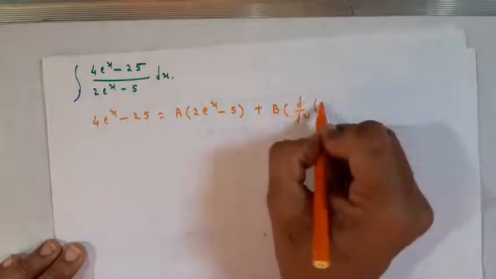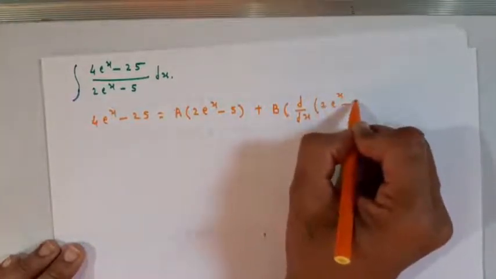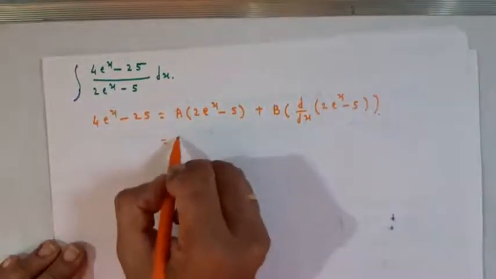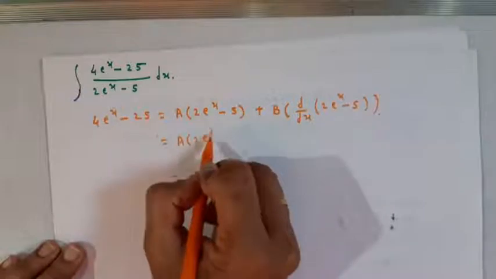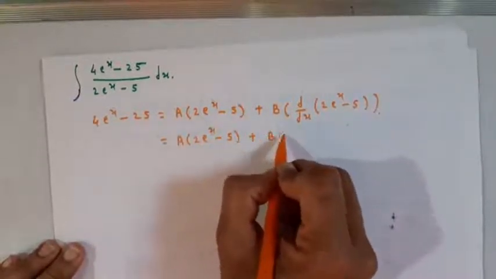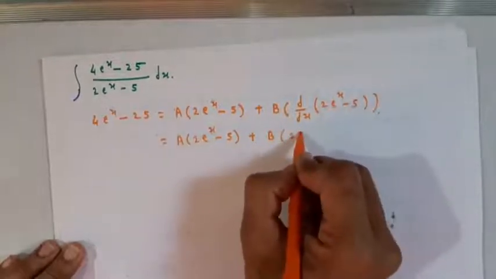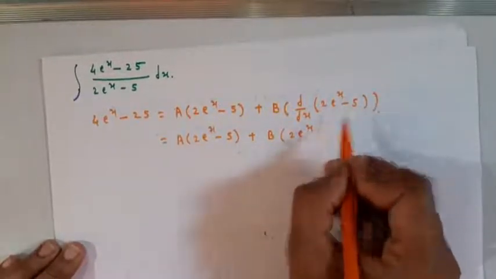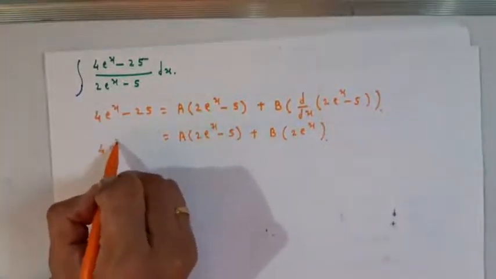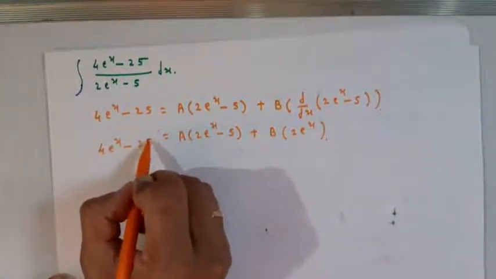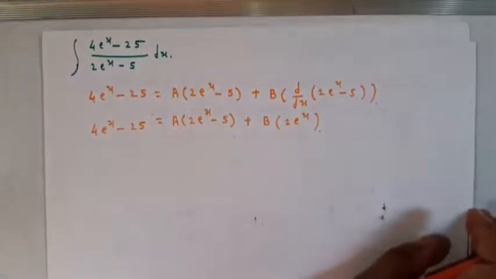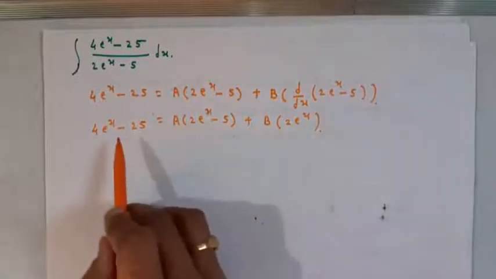What is the derivative of 2 e raised to x minus 5? This is equal to a into 2 e raised to x minus 5 plus b, derivative is 2 e raised to x, differentiation of minus 5 is 0. Now compare the coefficients. Students, in the last problem, for comparison of LHS and RHS, there were cos and sin.